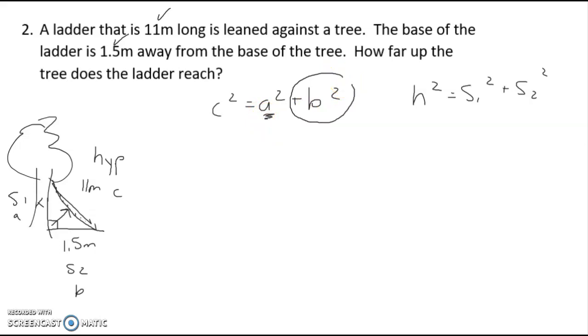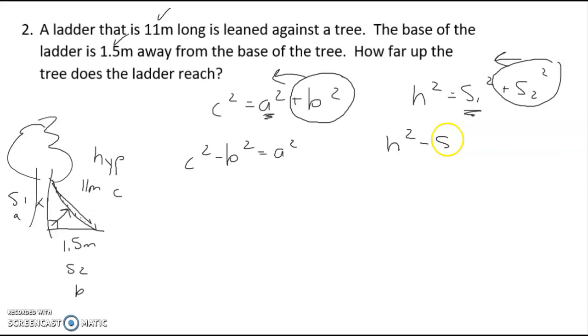You could take this B and move it over, so it becomes C squared minus B squared equals A squared. And same thing here: if we are solving for side 1, we can take this side 2 and move it over, so it becomes H squared minus side 2 squared equals side 1 squared.